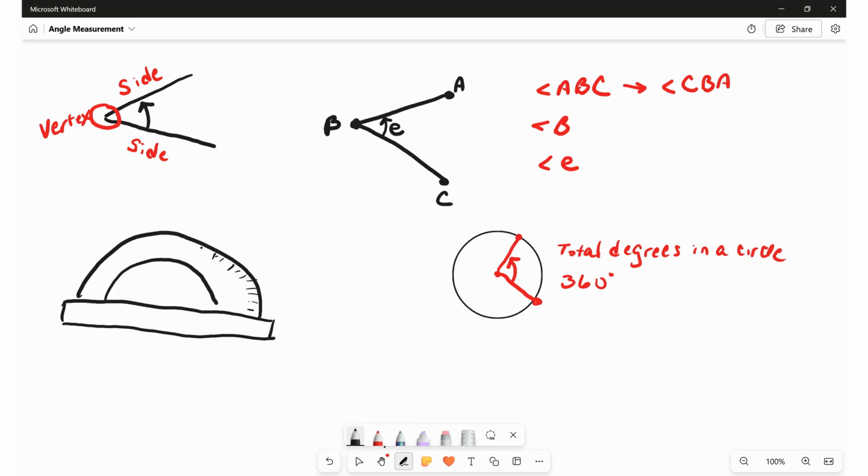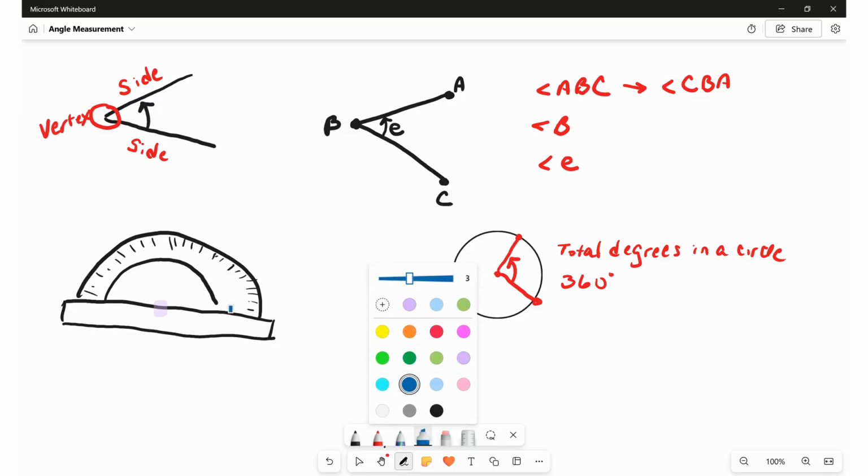And we can use this to measure an angle. So whenever we have an angle here, what we can do is take the protractor and take this bottom part here. There's usually a center dot right here. And then we have this bottom piece that we would line up with the bottom of any angle.